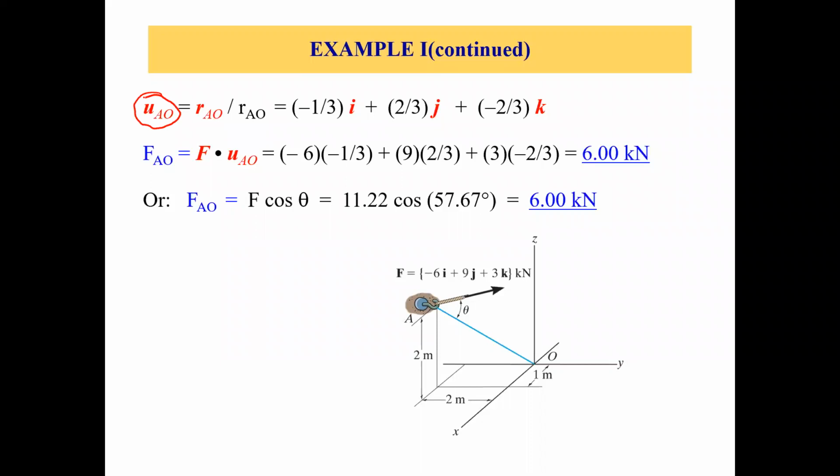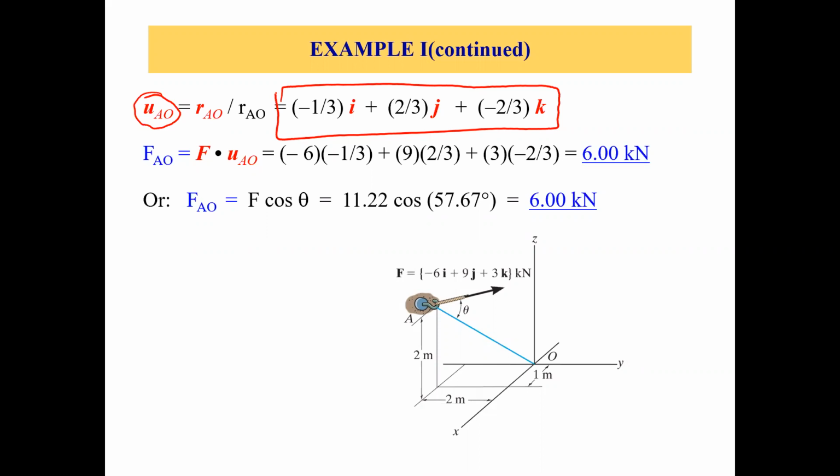We just divide the position vector by its magnitude. So we get the unit vector, negative 1 by 3 i plus 2 by 3 j plus negative 2 by 3 k. So this is the unit vector U sub AO.